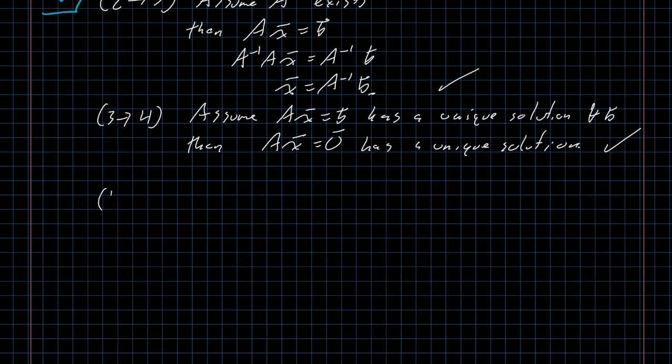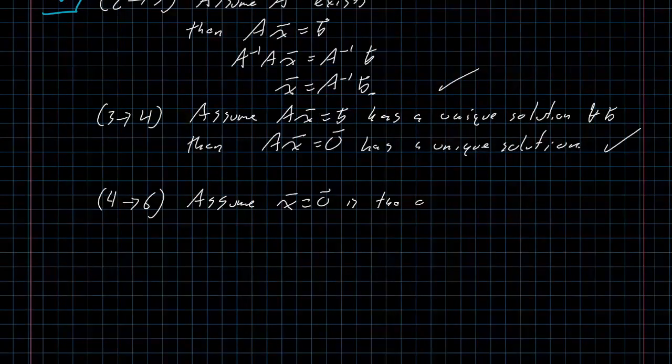Now I said I wanted to show that 4 implies 6. So assume that X equals 0 is the only solution to AX equals 0.